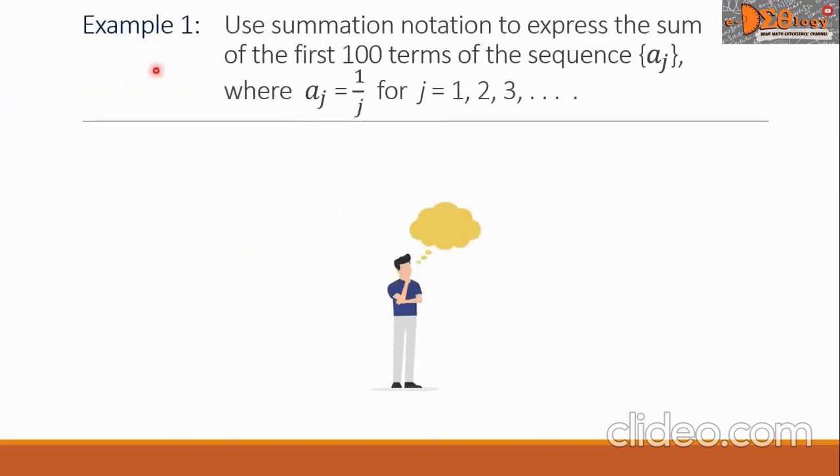Let's have example 1. Use summation notation to express the sum of the first 100 terms of the sequence a sub j, where a sub j equals 1 over j, for j equals 1, 2, 3, and so on.